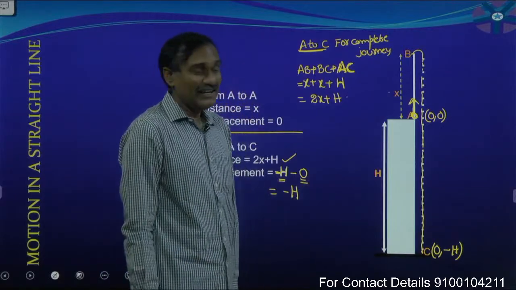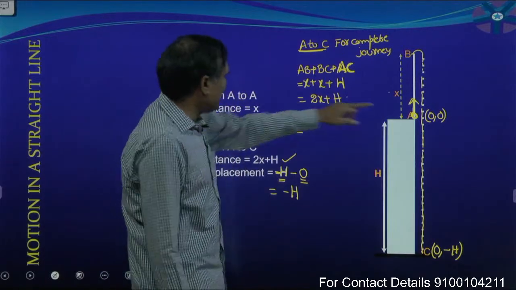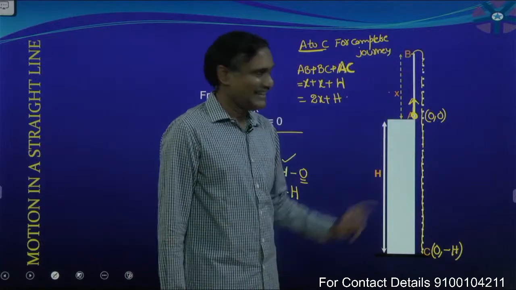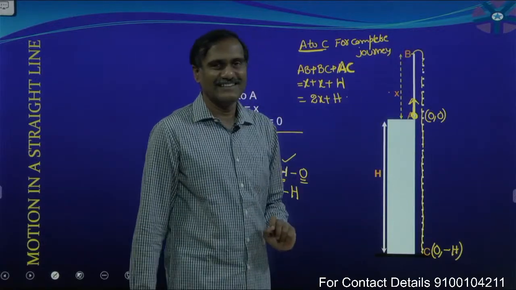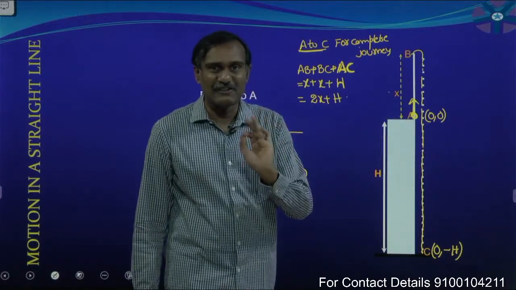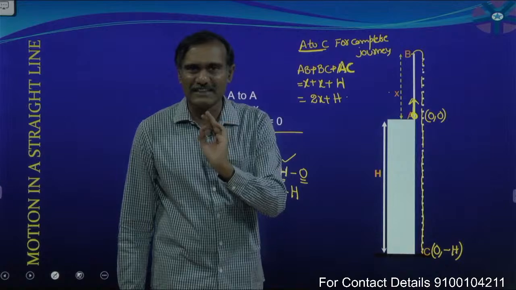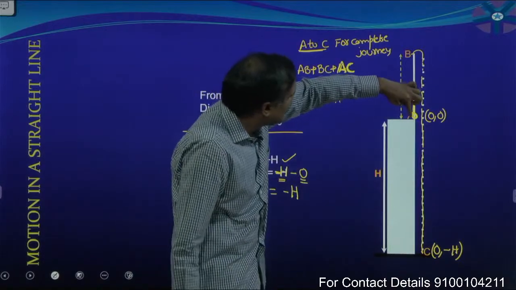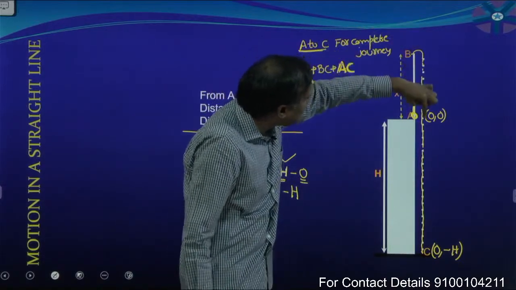Okay. Now, for this journey from A to A only, the distance travelled by the particle is nothing but the actual length of the path travelled by the particle, meaning AB plus BA.